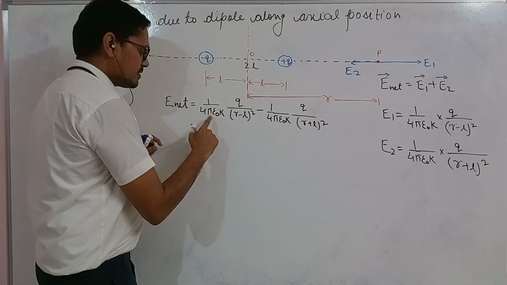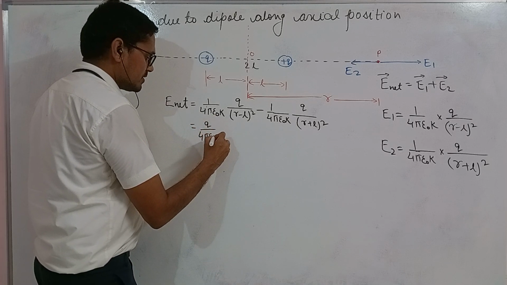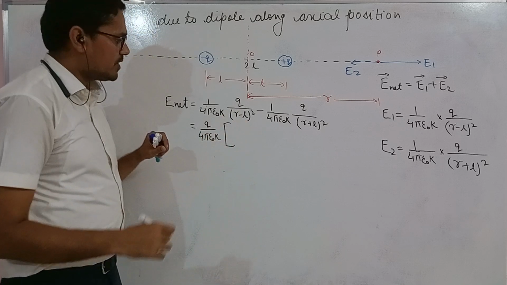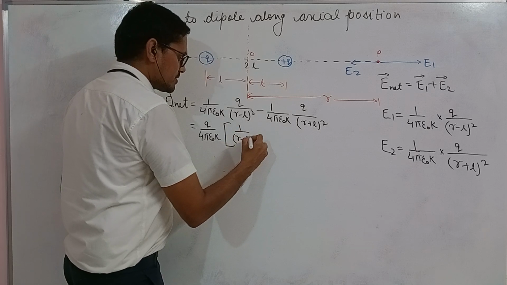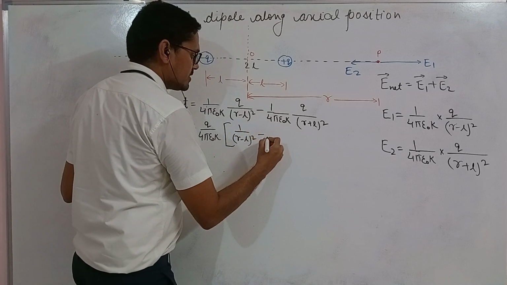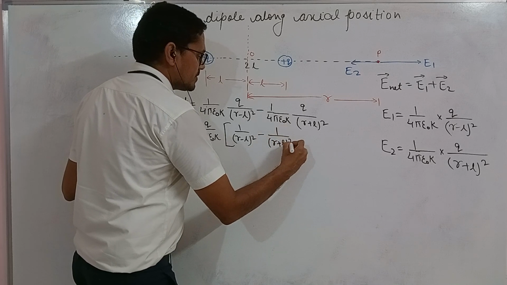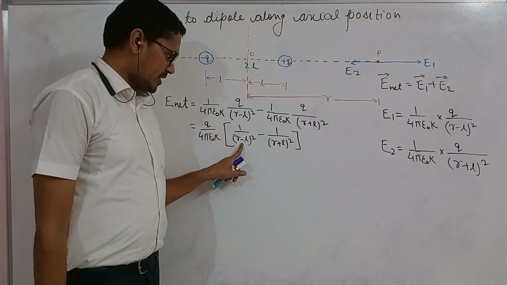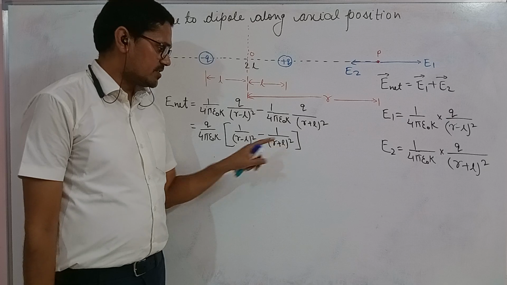Taking the common terms out, the value which is common here is Q over 4 pi epsilon naught K. Fine. And here we are left with 1 over R minus L whole raised to the power 2 minus 1 over R plus L whole raised to the power 2. This can be simplified by the identity, where this is a minus b and this is a plus b.